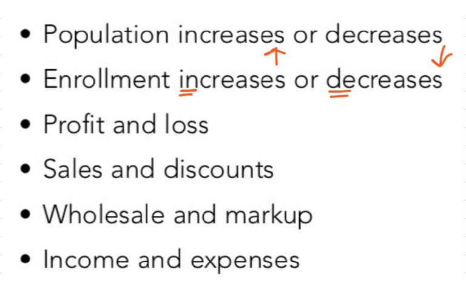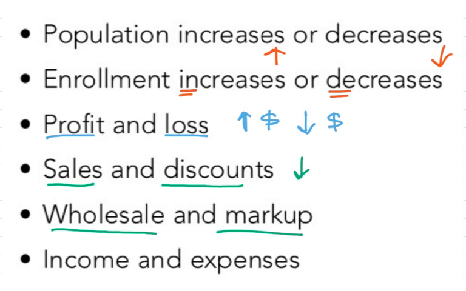Profit and loss, that's another one. Profit is when you have more money. Loss is when you have less money. So profit and loss for a company. Sales and discounts, that's when you go to the store and you buy something on sale or for a discount. That usually means that it's going down from the original price.